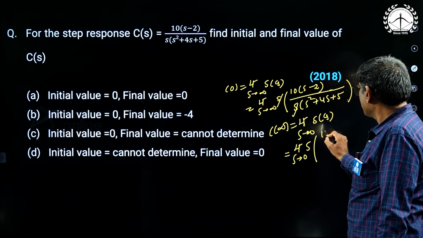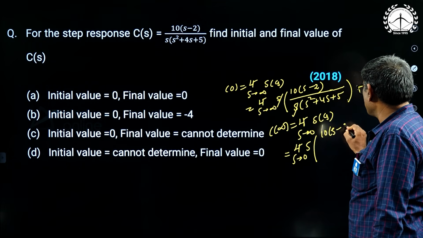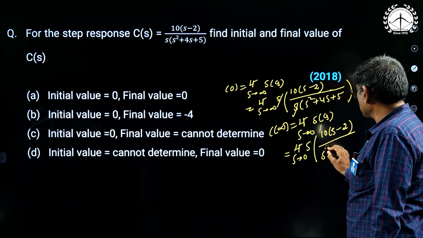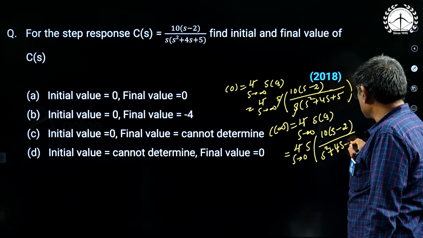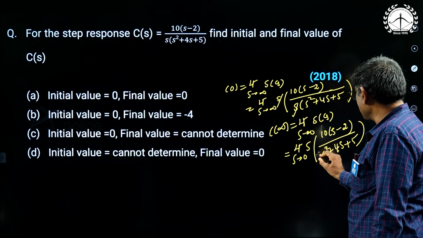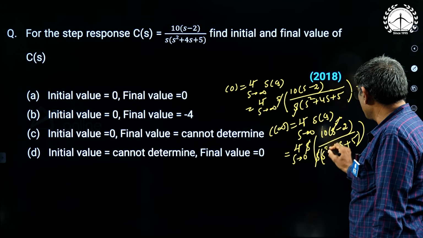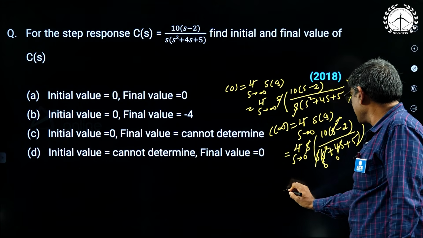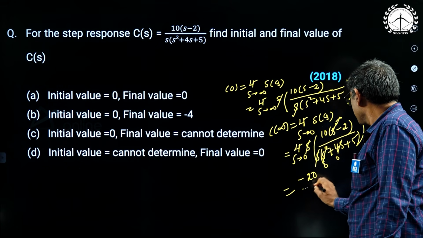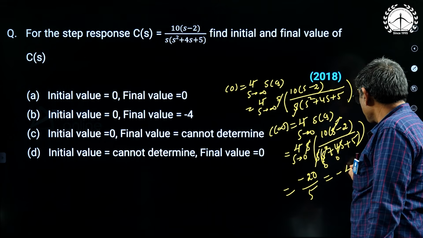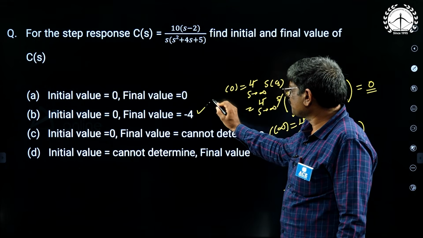S into 10s minus 2 divided by s square plus 4s plus 5. S and s cancel. Substitute s tends to 0, you get minus 20 by 5, which means minus 4. That means 0 and minus 4.